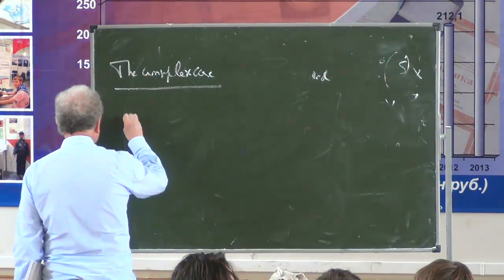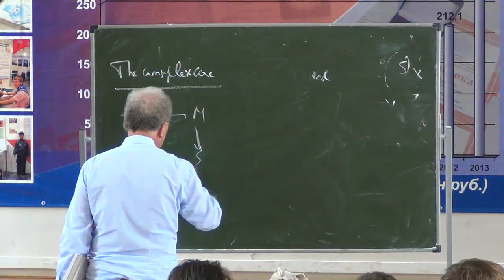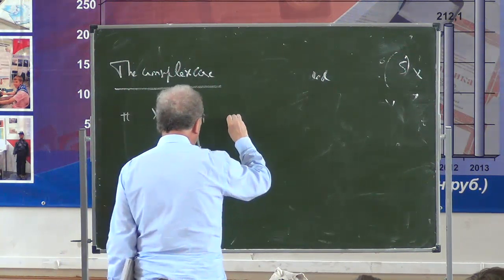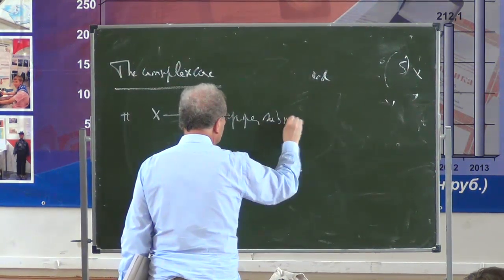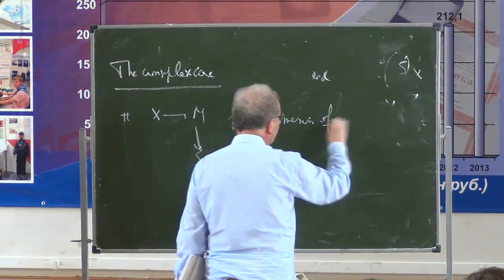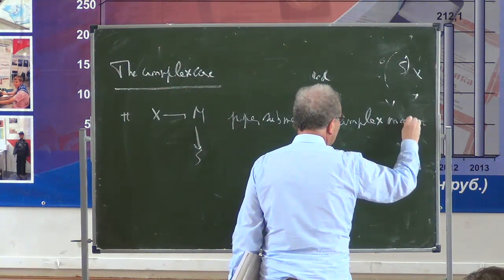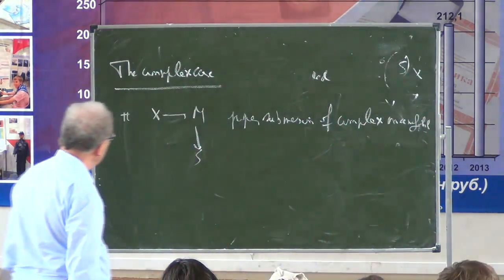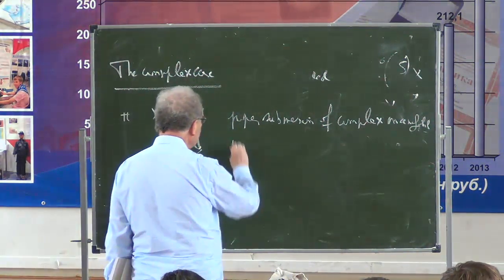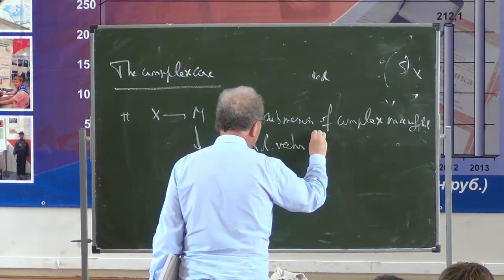So let now pi be a proper submersion of complex manifolds. Let E be a holomorphic vector bundle on M.